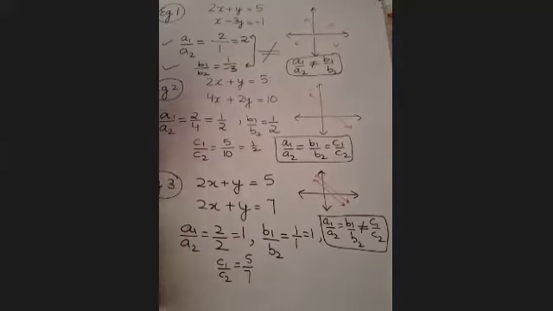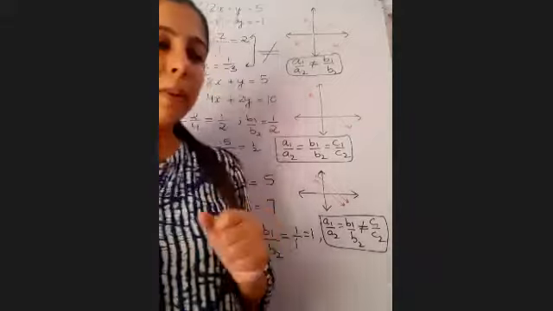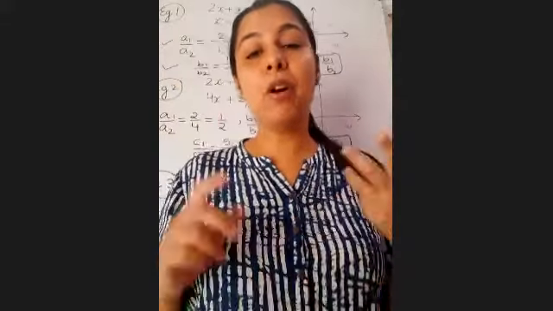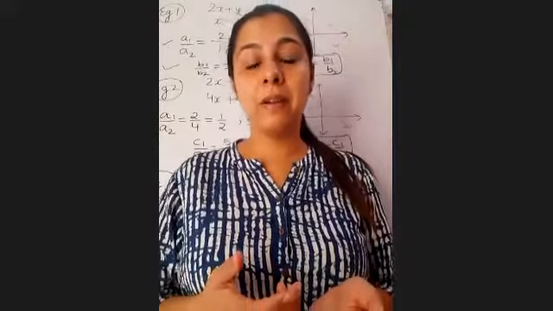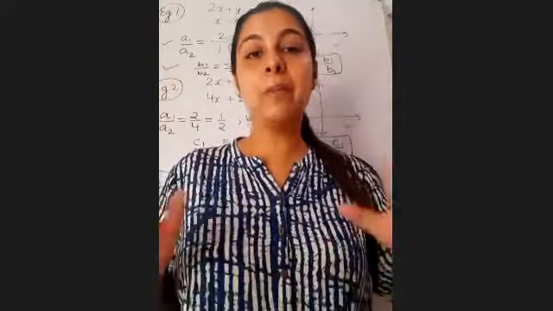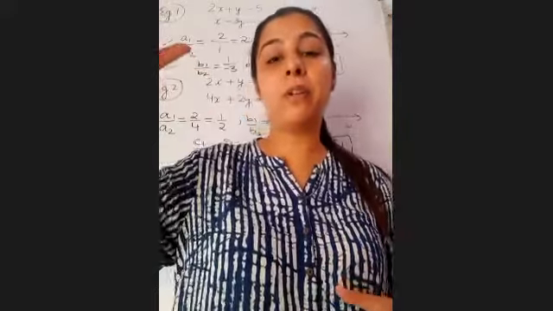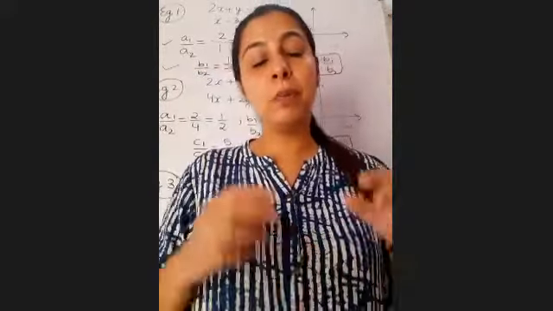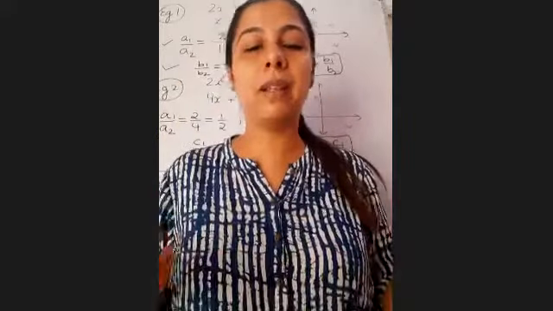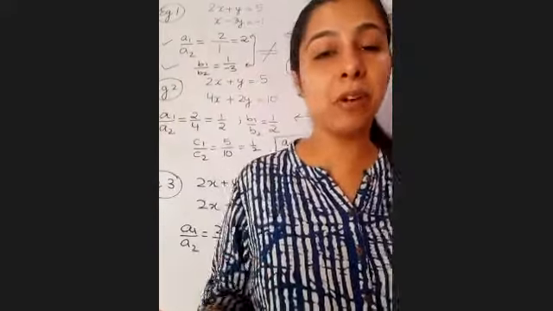So now you will see our purpose is to find the values of X and Y. But if you are not getting the values of X and Y, plotting a whole lot of graph will be a waste of time. It will be so disappointing that we drew the table, we drew it on the graph, and then we realize that the lines are coming out to be parallel and we are not getting any solution.